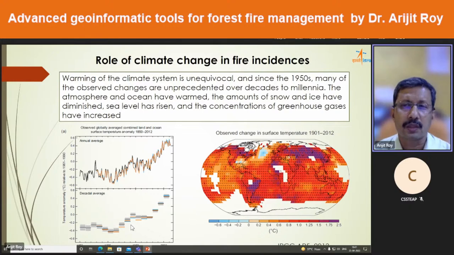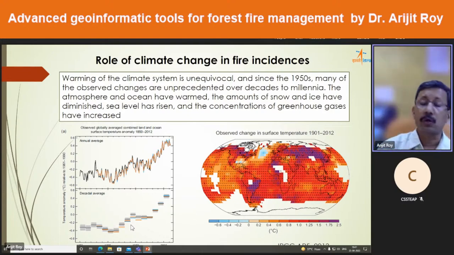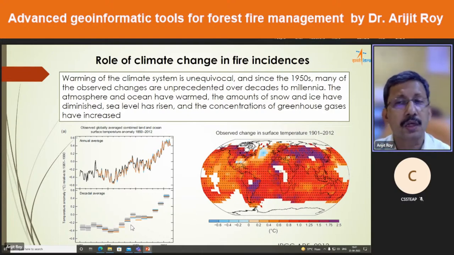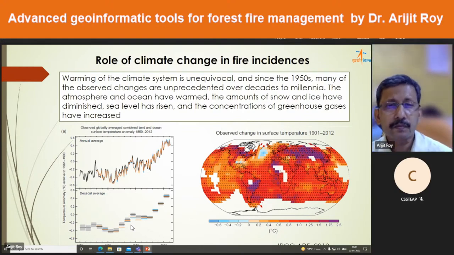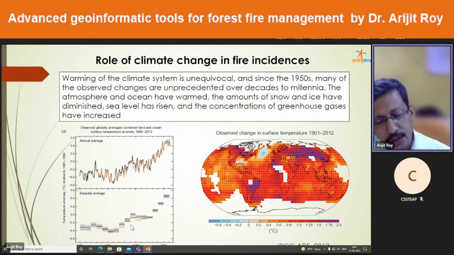We all know that the warming of the climate system since 1950 has been observed and quantified, and it is basically unprecedented. The amount of warming is unprecedented over decades to millennia. The atmosphere has warmed, the oceans have warmed, the amount of snow and ice has diminished.